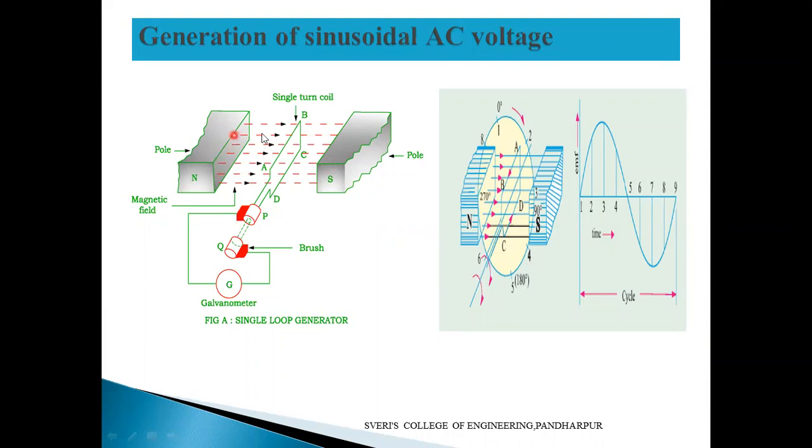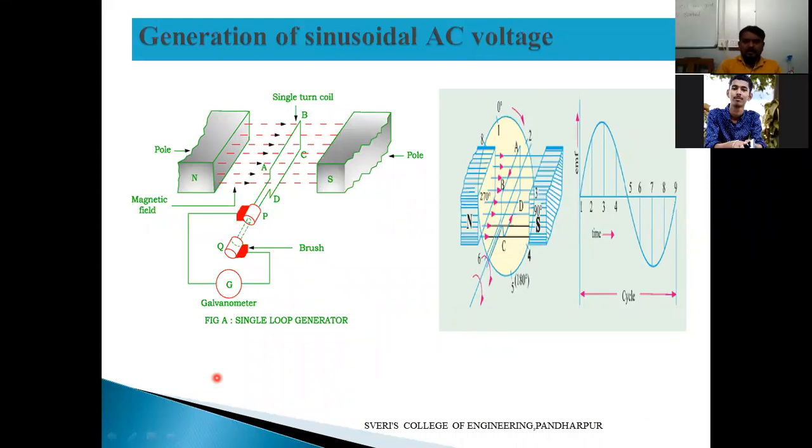Here I am using a single coil, an electrical conductor, placed in the plane horizontal to the flux lines. I will take the example. My face is visible to all of you. Yes, sir.